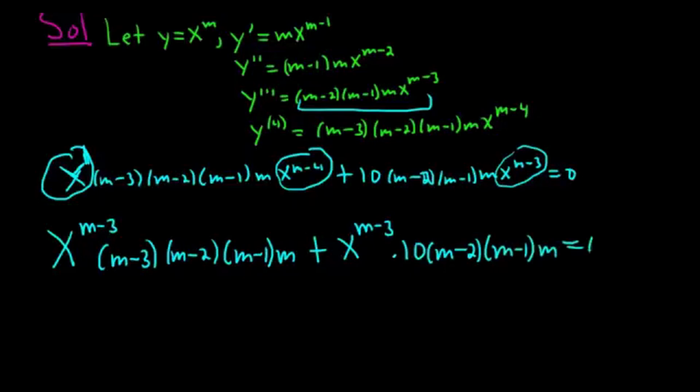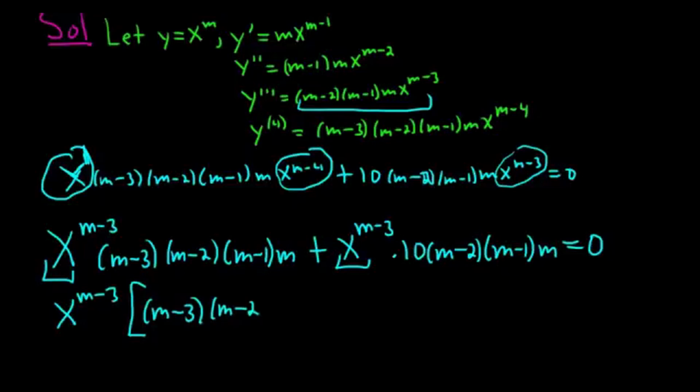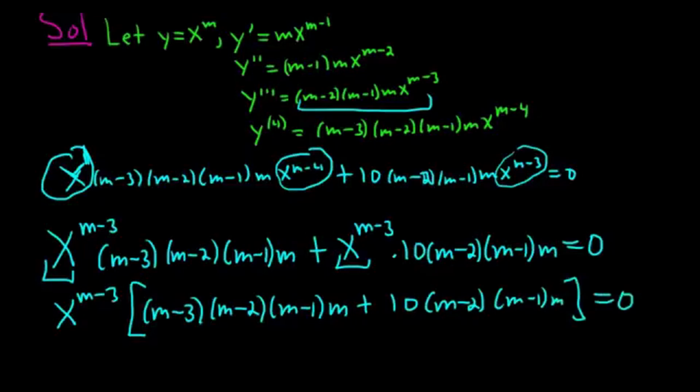And that's all equal to 0. Now we can factor out x to the m minus 3. So we have x to the m minus 3 times the bracket of m minus 3, m minus 2, m minus 1, m plus 10, m minus 2, m minus 1, m, and that's equal to 0.